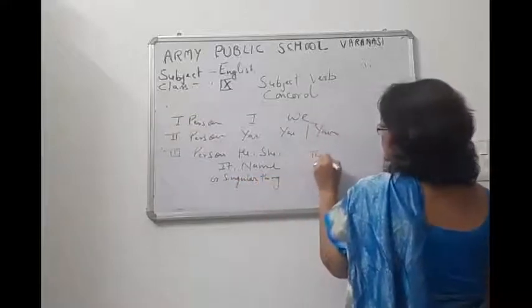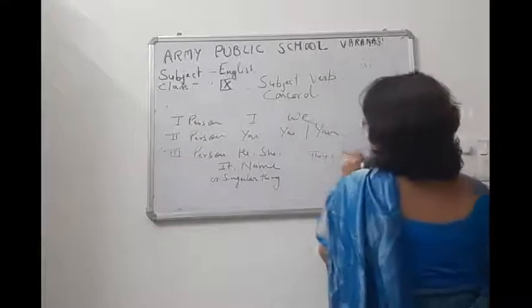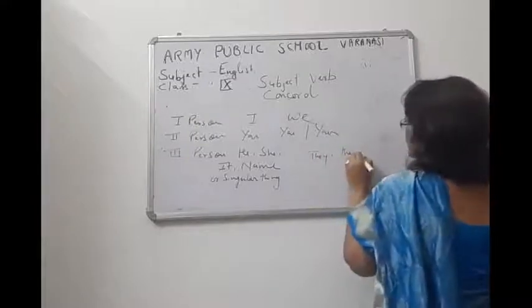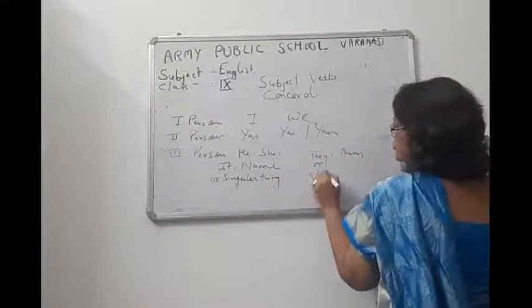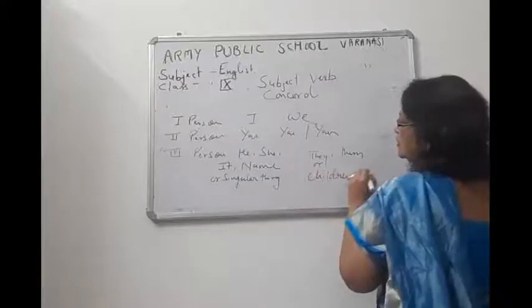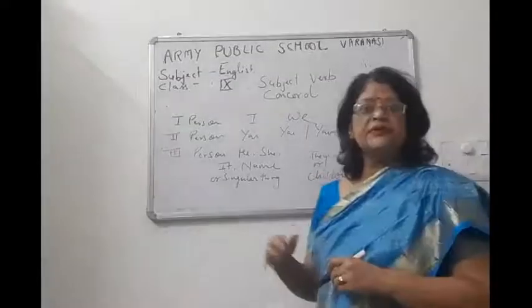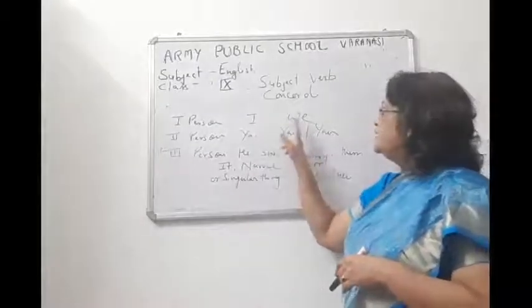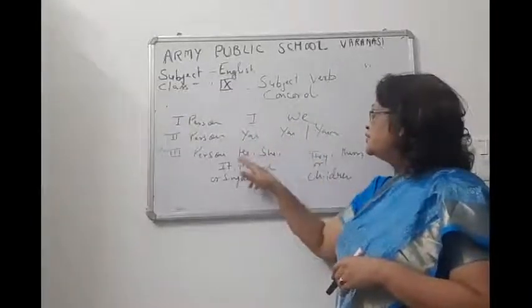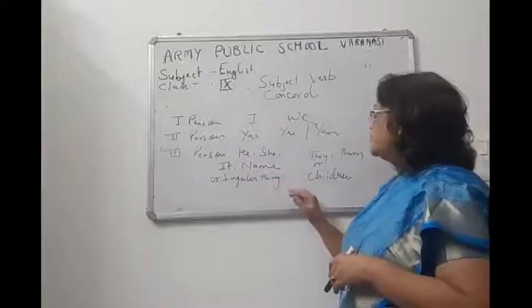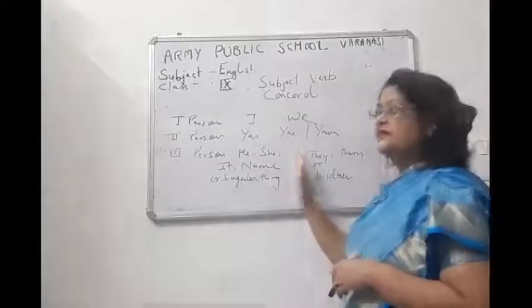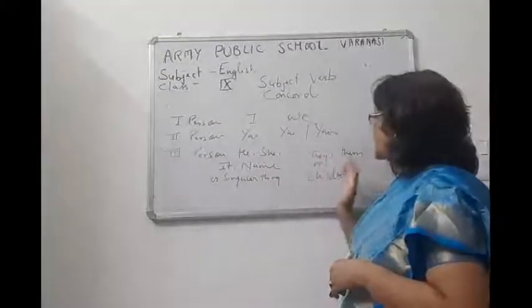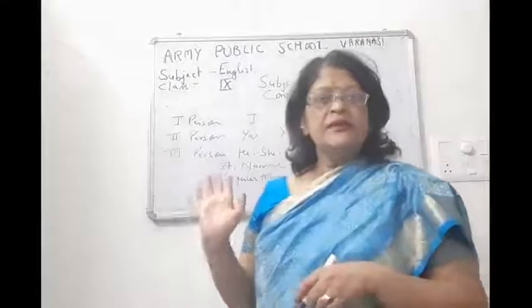They, plural, is them, or children. Okay, so this is first person, second person and third person. First person is I or we, second is you, third is he, she, it, name or singular thing, and they, them or children are the plural of the third person.